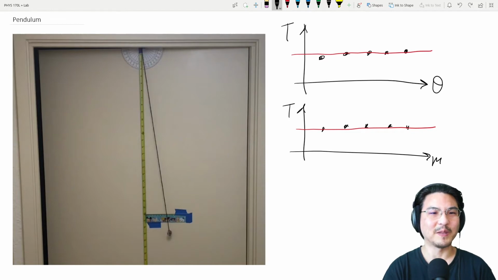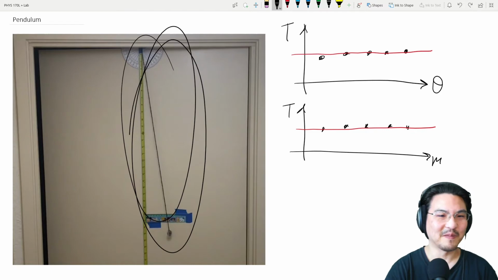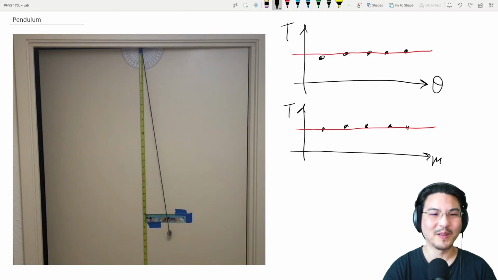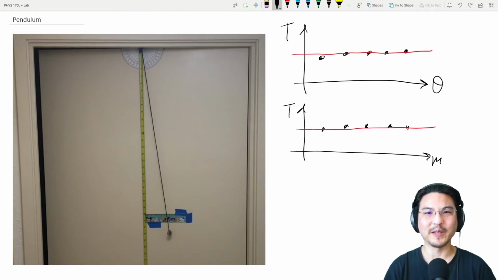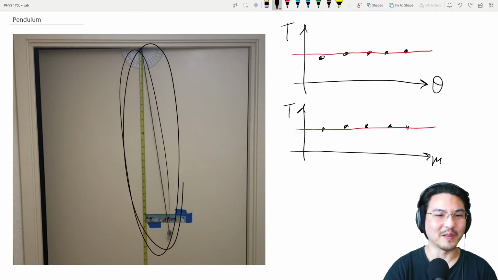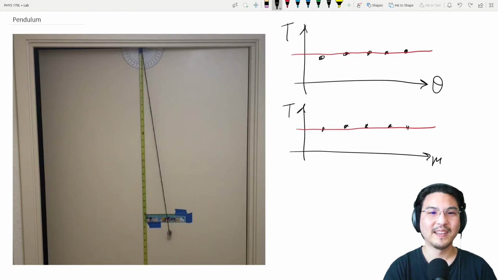So I happened to set mine up at the top of a door. So I had the entire height of a door to work with for the length of the pendulum. So it just depends on how you set it up, how much room you have is how long you can make your pendulum. And then just practically, when the string is short, it's going to swing back and forth really fast.